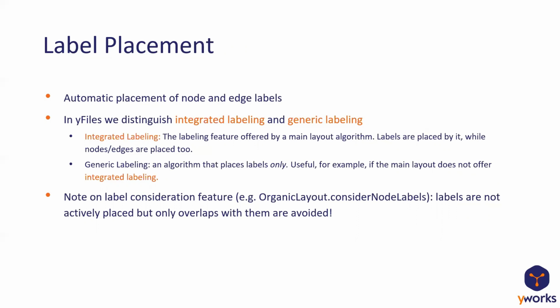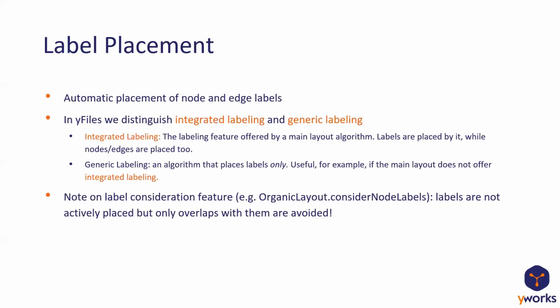Here in yFiles, it's really important to distinguish two concepts: the integrated labeling on one side and the generic labeling on the other side. The integrated labeling is a labeling feature offered by main layout algorithms, like, for example, the hierarchic layout algorithm that I presented earlier.